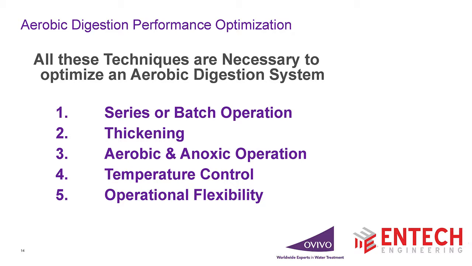Aerobic and anoxic operation is about optimizing the digestion in terms of the extent of digestion, saving energy, and controlling the side streams. The combination of these things helps us with temperature control and a little bit of physical side, and then the flexibility of how we operate this. Ed's going to talk through this, but it's actually a lot simpler than one would think. So this is the agenda for the next few slides. So next slide.